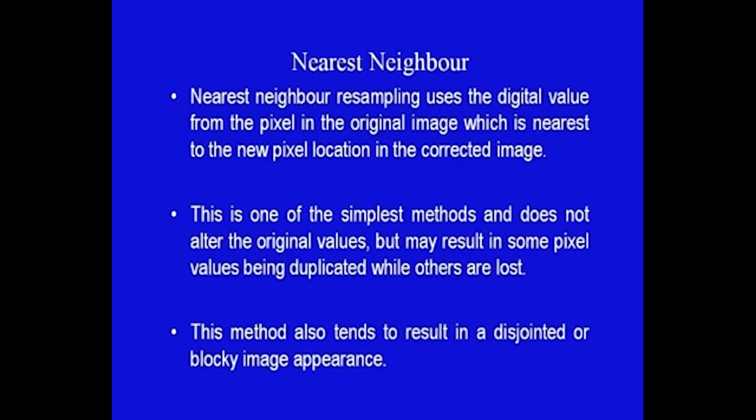This is one of the simplest methods and does not alter the original values, but may result in some pixel values being duplicated while others are lost. This method also tends to result in a disjointed or blocky image appearance.